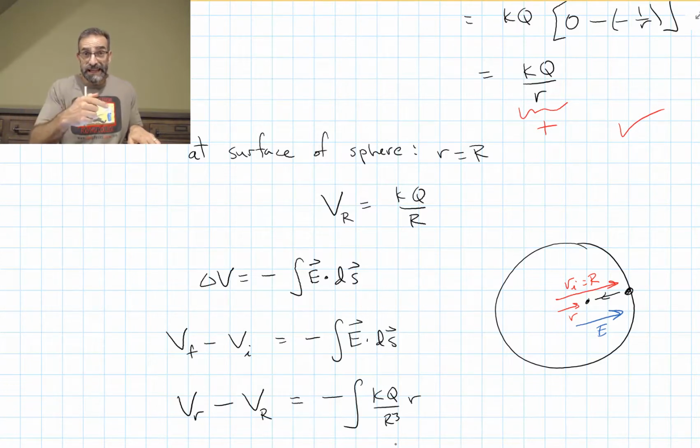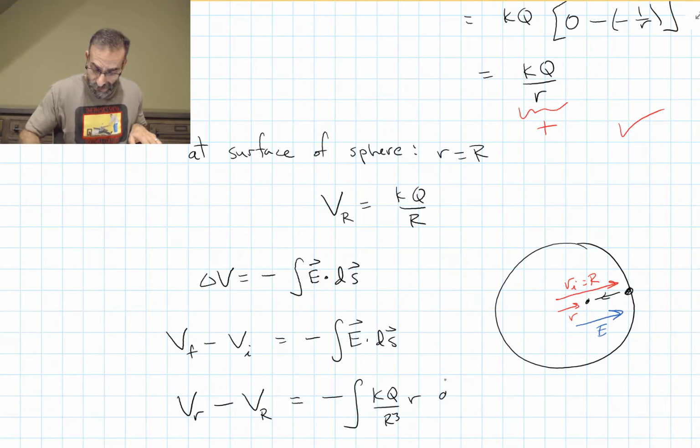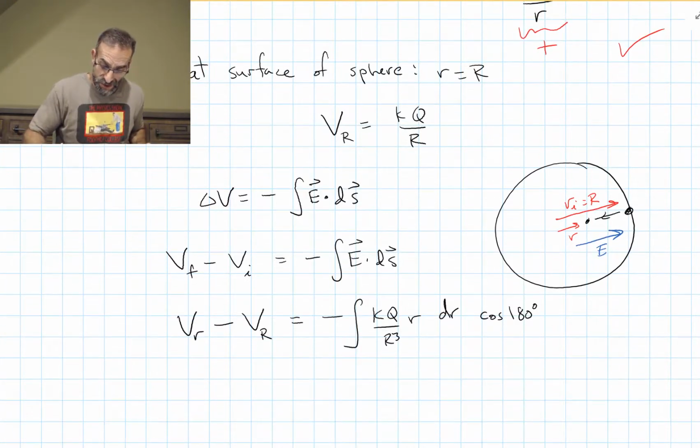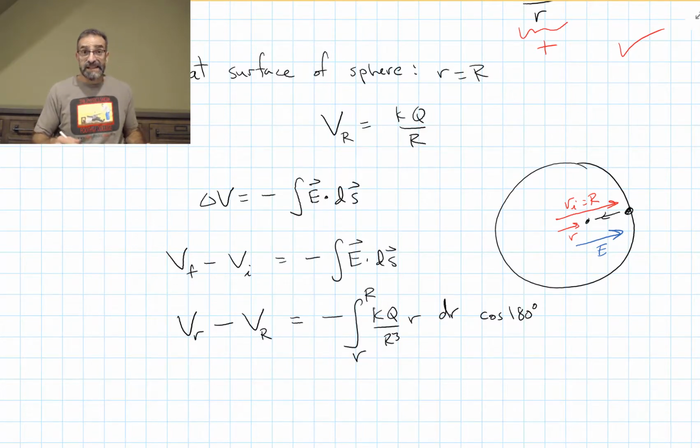My ds, we're moving in, but it just has a magnitude of dr, and I have a cosine of 180 degrees because my ds points radially inward, but my electric field points out, and I always integrate from a small number to a big number. So in this case, it's my final r to my initial r, small r to big R.